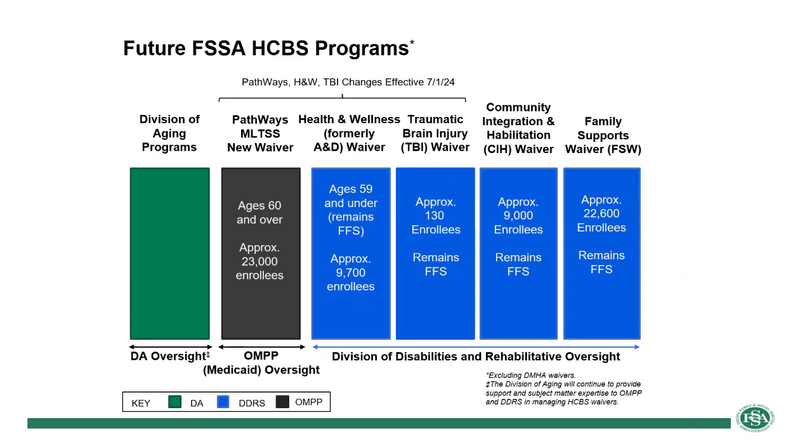In order for us to accomplish this, we had to submit a waiver amendment. Waiver amendments for the health and wellness, traumatic brain injury, community integration and habilitation, and family supports waivers, and for Pathways, they had to submit a new waiver application for their program.